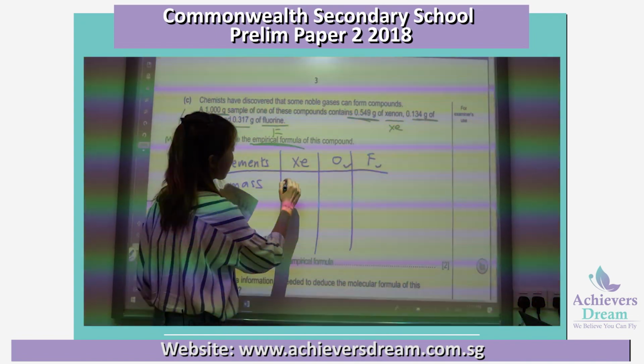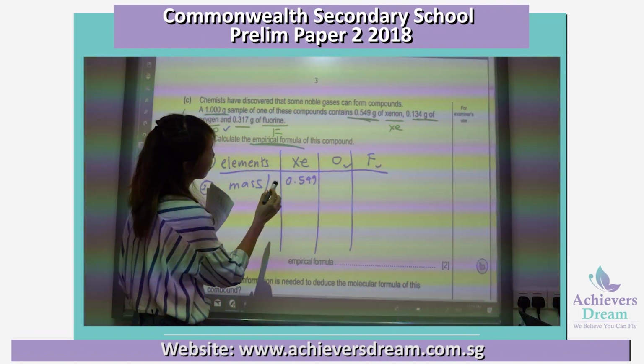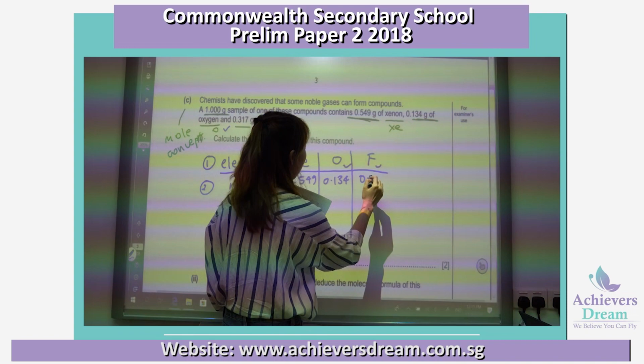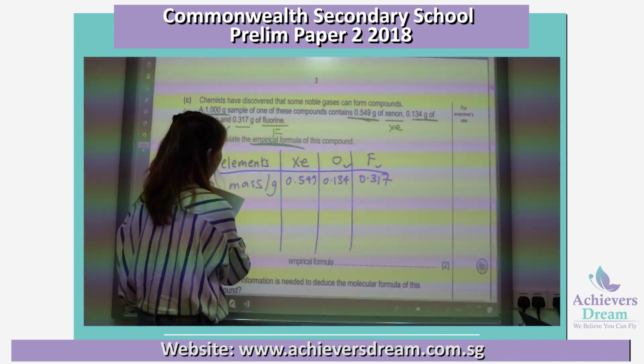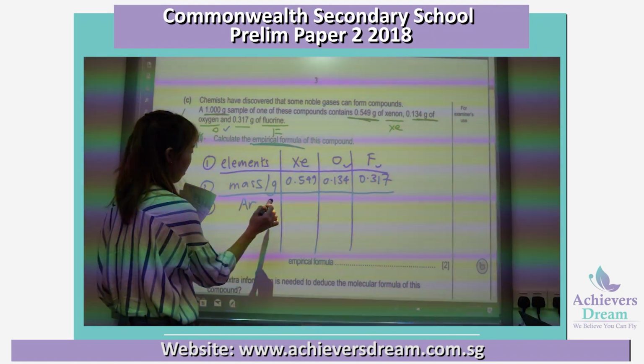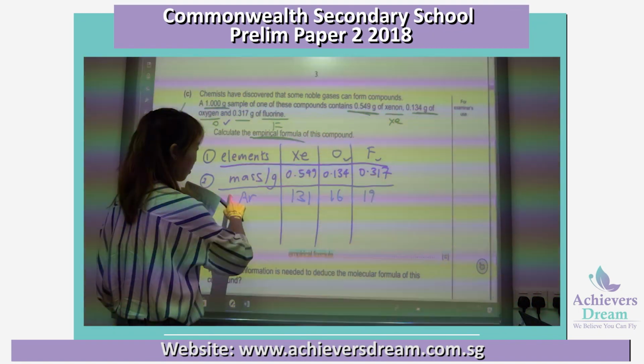For xenon it is 0.549, 0.134, and 0.317. Next, I write down the AR. So 131, 16, and 19.